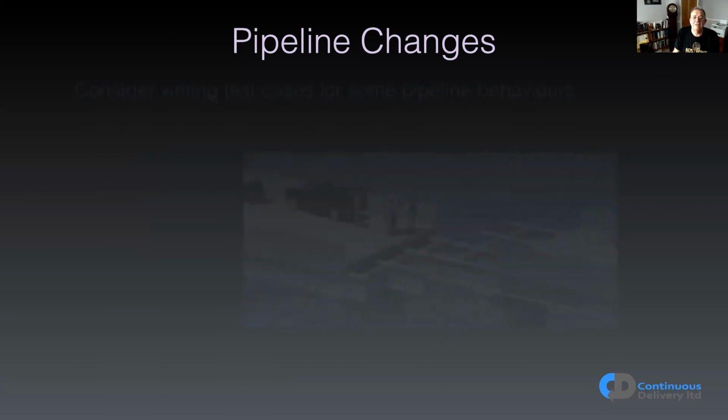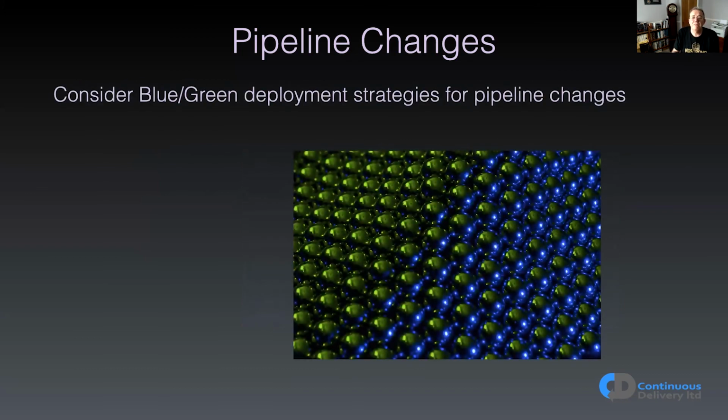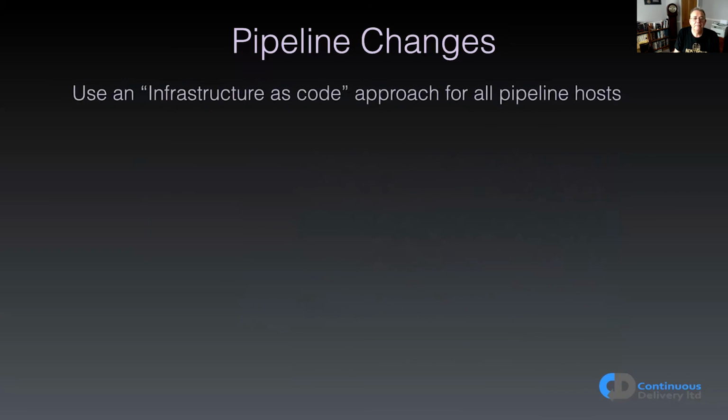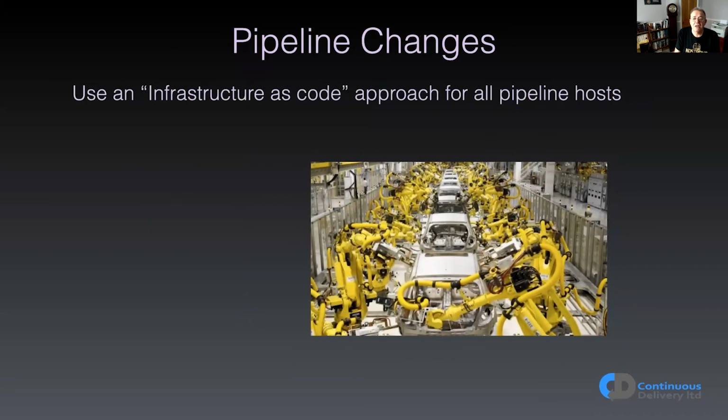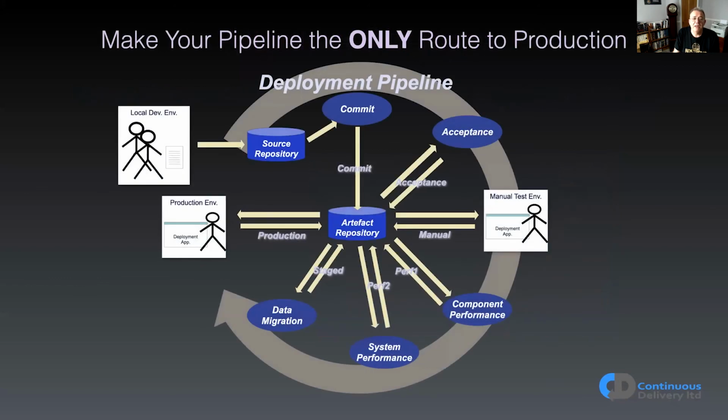It sounds like overkill, but it's useful in some circumstances. Think about blue-green deployment strategies for pipeline changes, so it's easy to step back if you make a mistake. Use infrastructure as code for all pipeline hosts so that you can quickly create new copies, new versions of any of your pipeline hosts. Make your pipeline the only route to production.